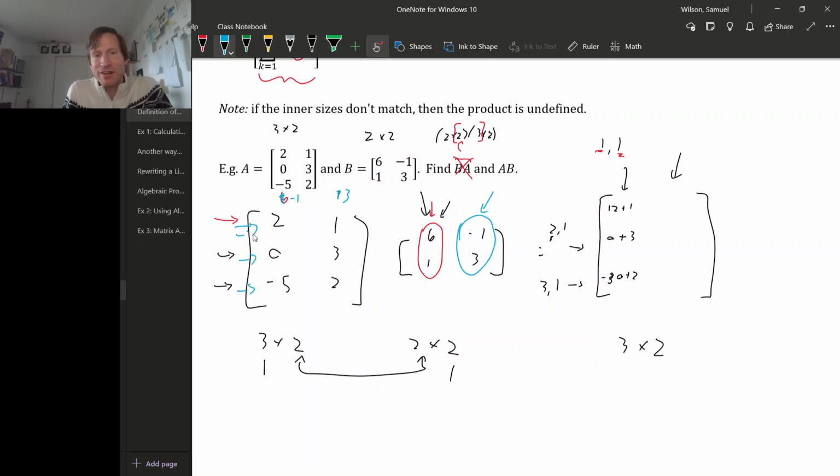Every time I hit a new row, I get a new entry in the matrix product. So minus 1 times 2 is minus 2, plus 3 times 1 is 3, so that's for the first row. For the second row, minus 1 times 0 is 0, plus 3 times 3 is 9, and then minus 1 times minus 5 is 5, plus 3 times 2 is 6.